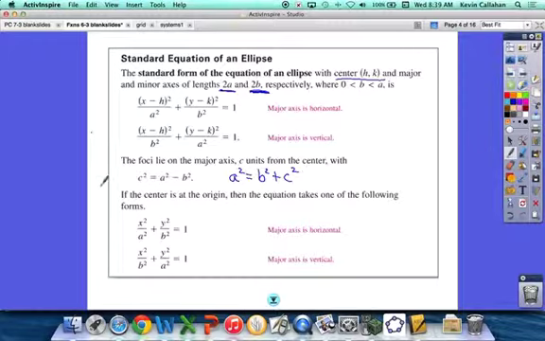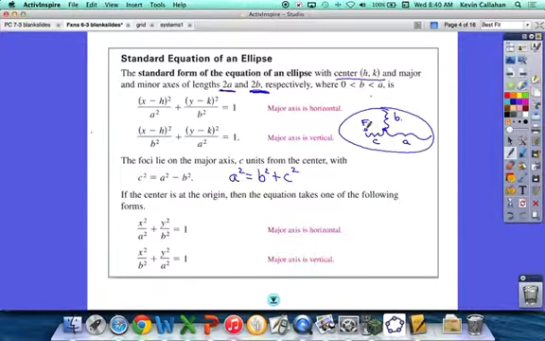I should have had a picture here, but here's the center. That's a. This is b. So a is half of the major axis, b is half of the minor axis, c is the distance from the center to a focus.